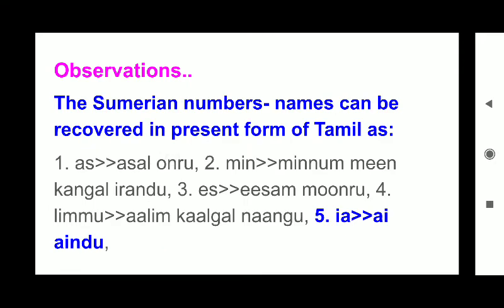And so we could find Sumerian numbers in Tamil as recorded as of now: 1 as Asal, Ondru; 2 as Min, Minnum, Irandu; 3 as Isam, Moondru, Trisul, like that.